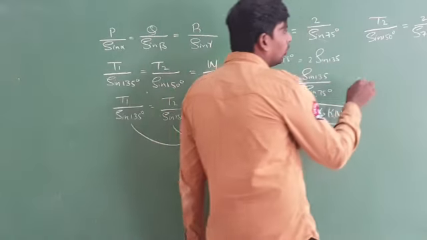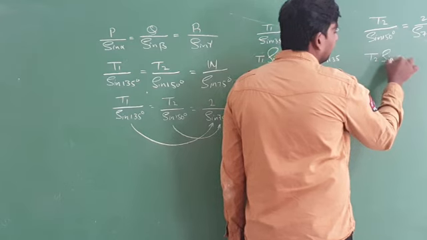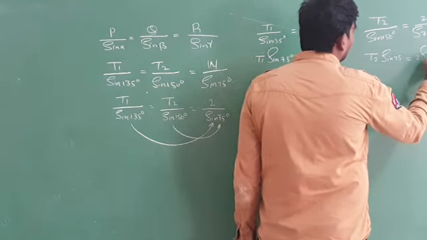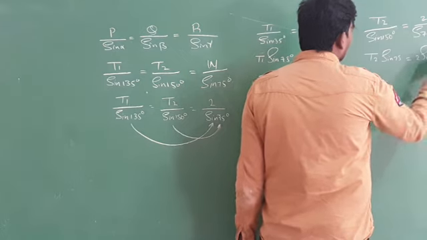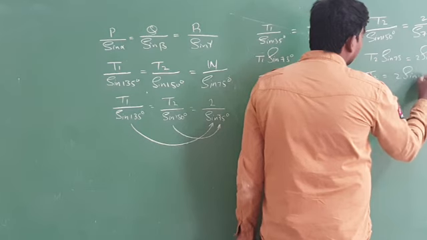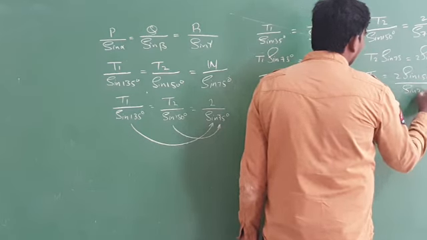Here also you have to go for cross multiplication. T2 sine 75 is equal to 2 sine 150. T2 is equal to 2 sine 150 by sine 75.